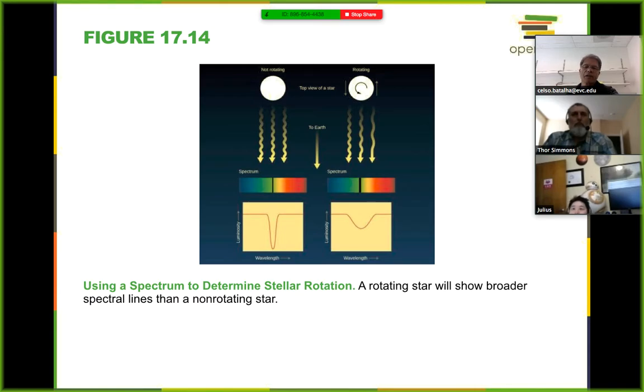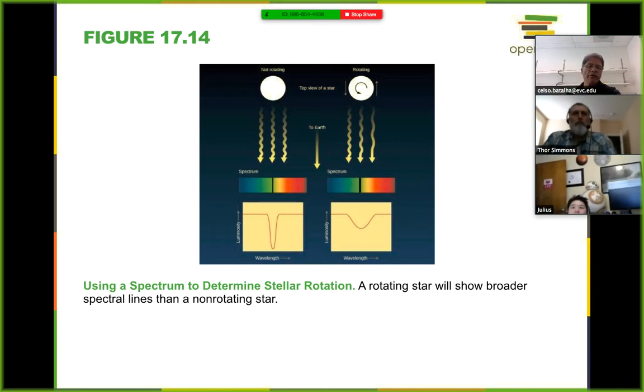Usually a star that's not rotating fast has a line like the one on the left-hand side, a narrow absorption line. But if the star rotates, the Doppler effect will smear this line and make it broader, like the one on the right-hand side. So astronomers can use a very simple technique by artificially rotating a template line and trying to match the line that is observed.